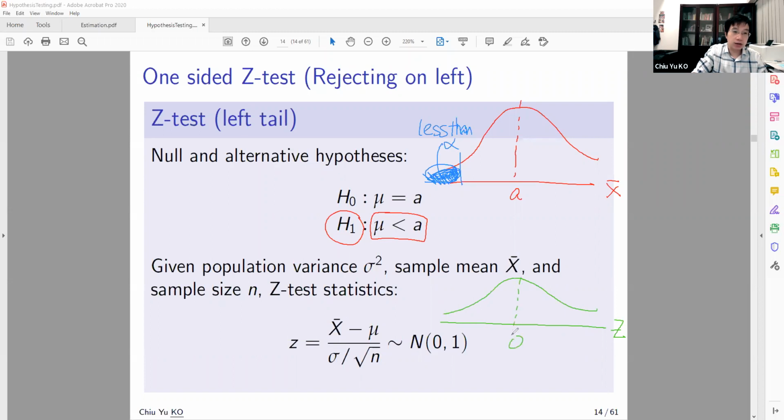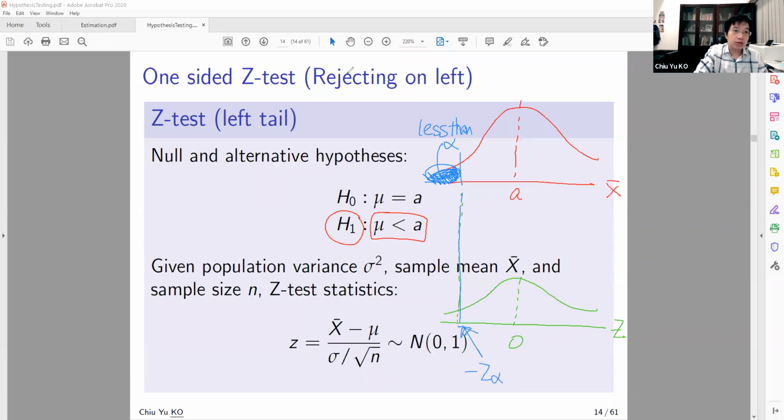This is 0, and we compare to here. This number will be negative Z alpha.